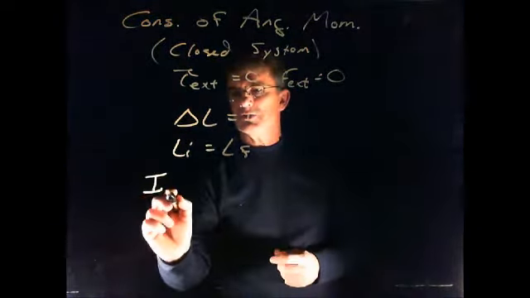With the ice skater, her angular speed changes because she changes her moment of inertia. She changes her rotational fatness. For the ice skater spinning, her angular velocity changes because she's changing her rotational inertia.